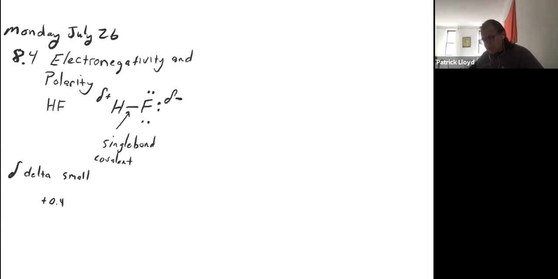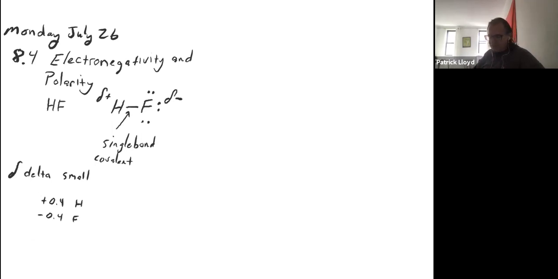So on the hydrogen, you have a positive charge of about 4/10 of a unit charge, 4/10 of the charge of a proton. And on the fluorine atom, the charge is around -0.4. Okay, so they cancel each other, right? But there are charges, and because they're less than 1 unit, we call them delta, meaning small.